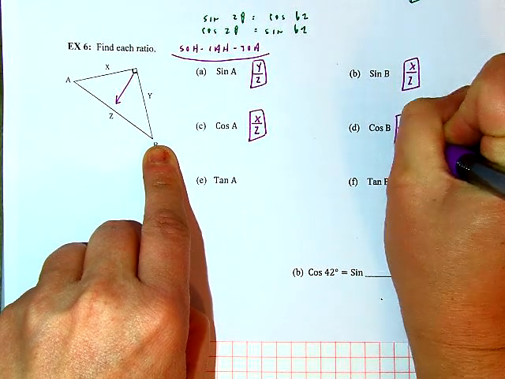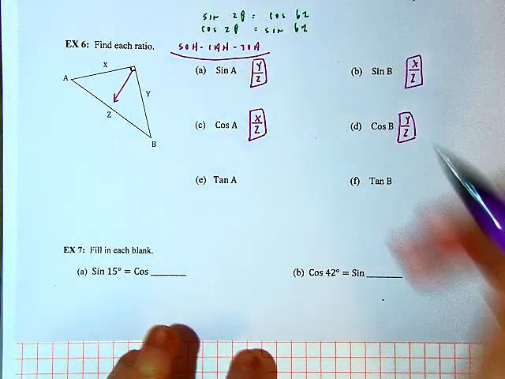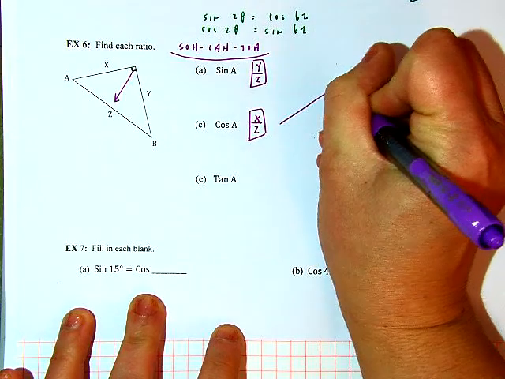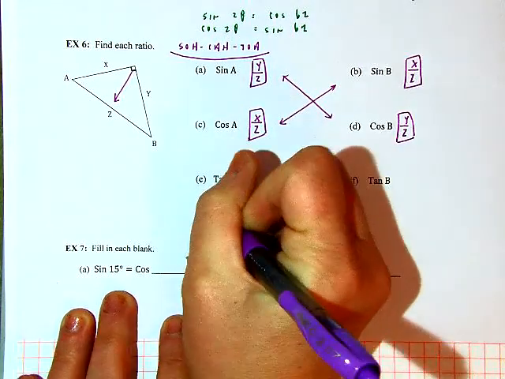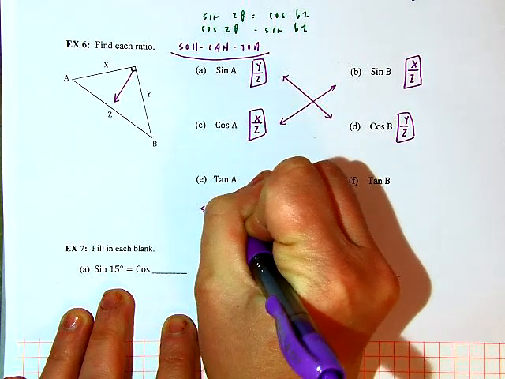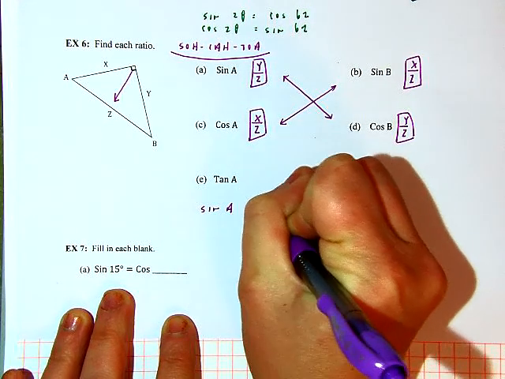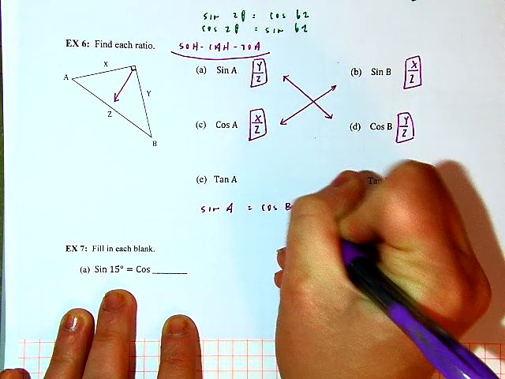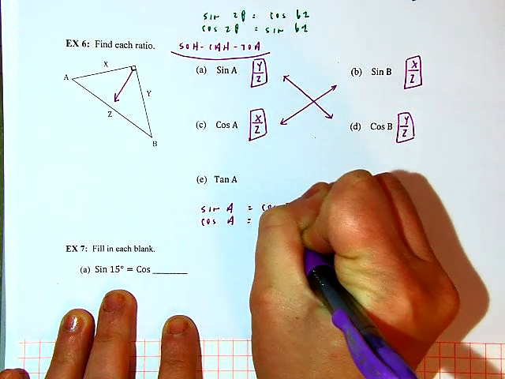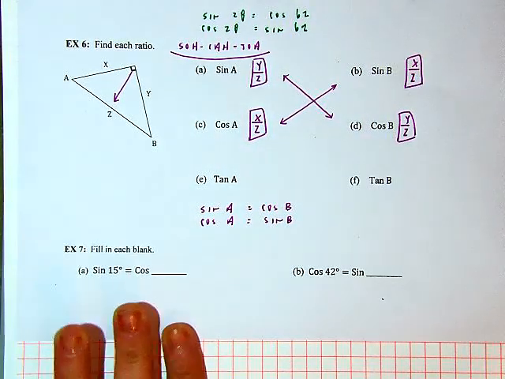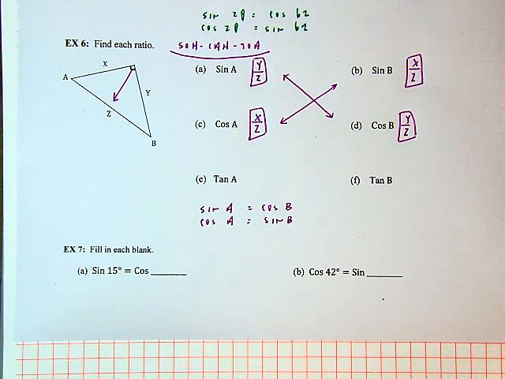We're seeing the same thing play out. These end up being the same, and so do these. We should recognize that sine A is the same as cosine B, and that cosine A is the same as sine B, because A and B are complements.